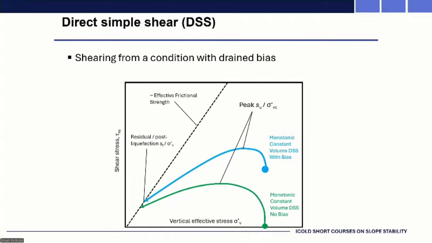It's very similar to comparing an isotropically consolidated versus a K0 consolidated triaxial test. In this case, you're getting to pretty much the same final condition, but very different peak undrained strengths. So with bias, you get a higher peak strength, but much more brittle behavior.